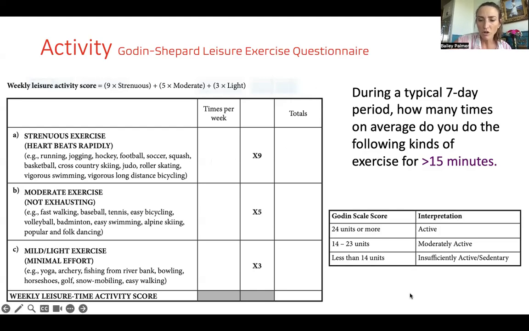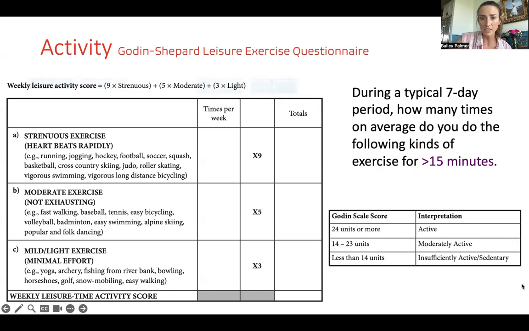You get your total, and that puts you either in the active category, moderately active, or insufficiently active. And you have to be doing this at least 15 minutes per session in order to actually count it for one of your times per week. But this is a good way to assess your activity level and to make sure that you are doing enough that is sufficient in order to achieve those health benefits.